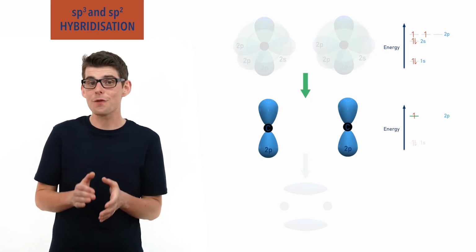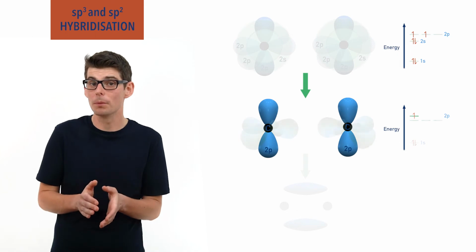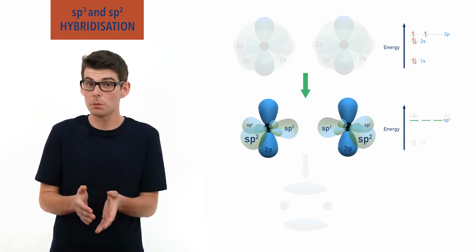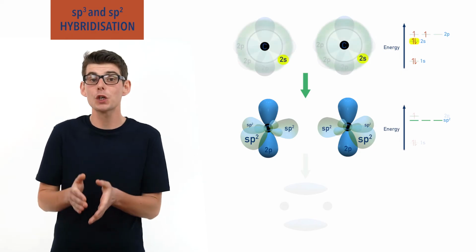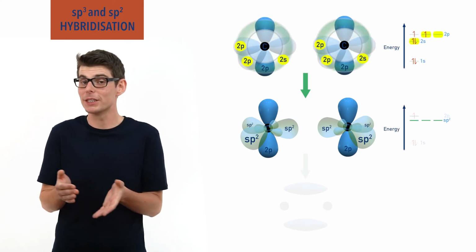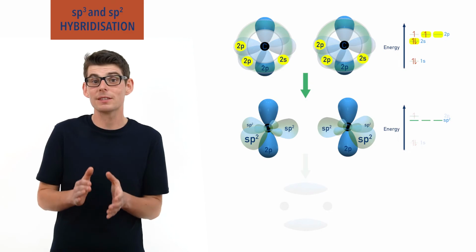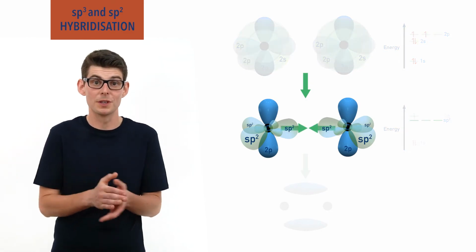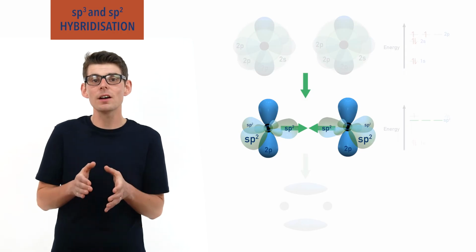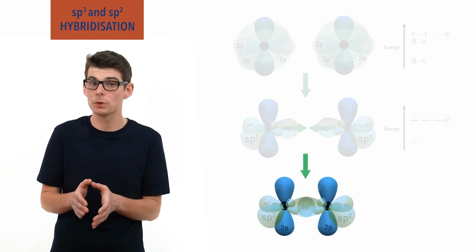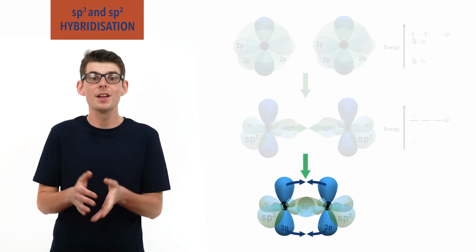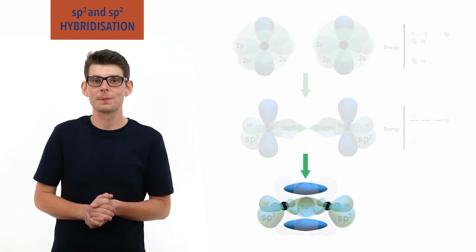This means 3 hybrid orbitals can form, and they are referred to as sp2, as they are formed from 1 s orbital and 2 p orbitals, sp2. Now, as a sigma bond forms between the 2 sp2 hybrid orbitals from 2 different carbon atoms, the unhybridized half-filled p orbitals on each atom can overlap sideways with each other, forming a pi bond.